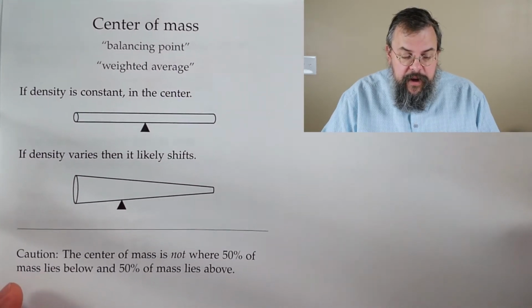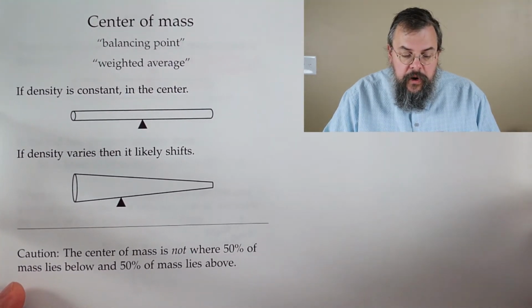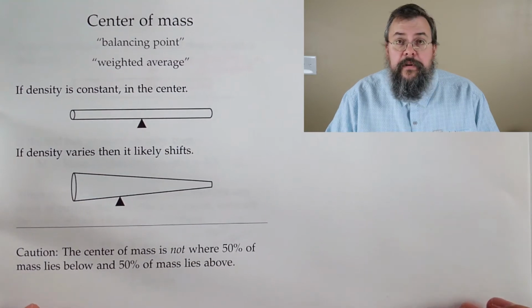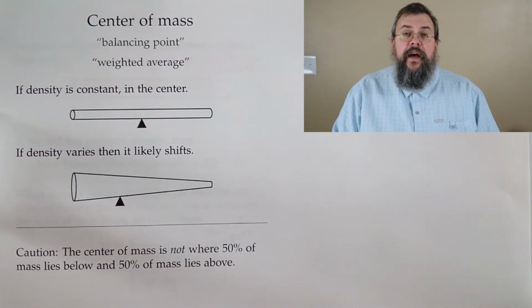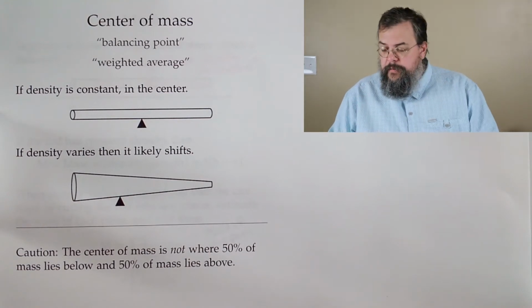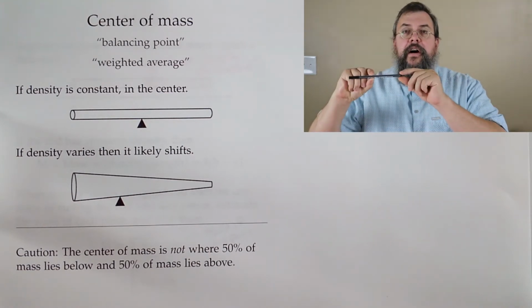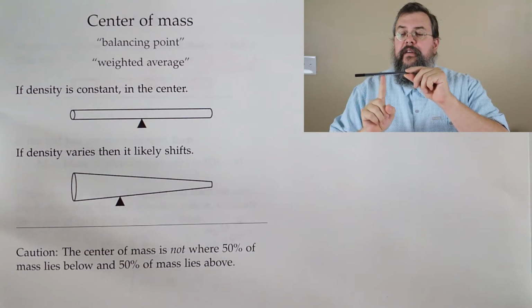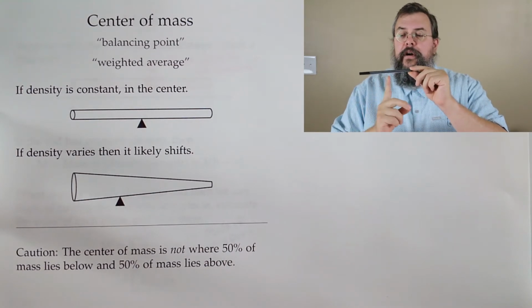What about the center of mass? What is that? You can think of it in a couple of different ways. You can think of it as a balancing point. So here's a rod. If I was looking for the center of mass, I would look for the point where it would balance just right.